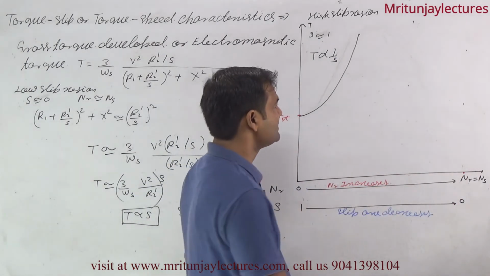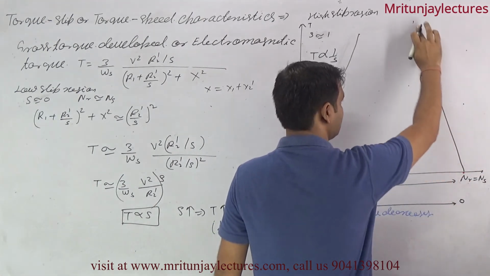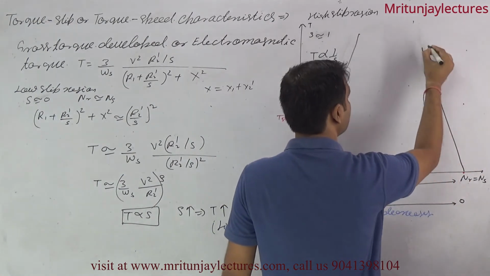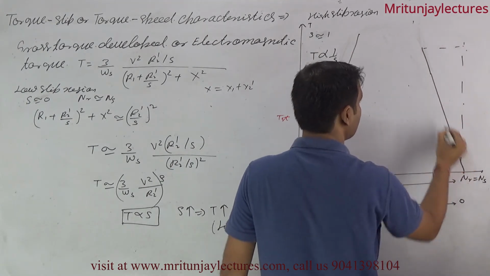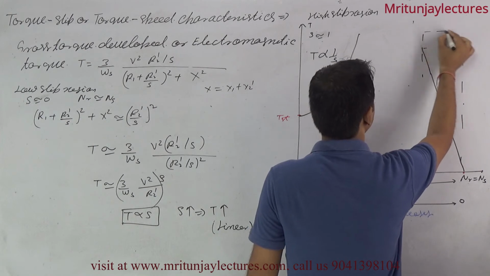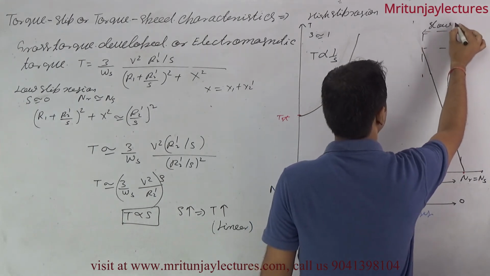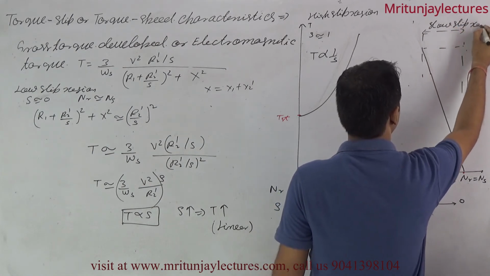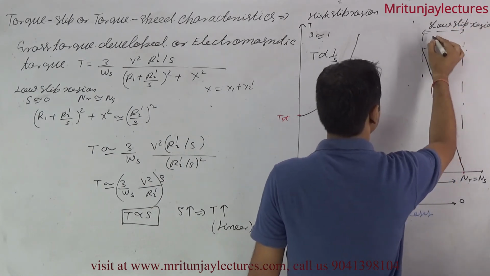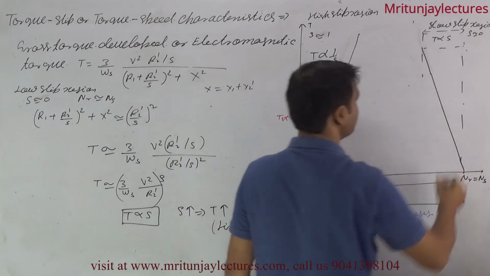It also increases. So it increases linearly like this, okay. In this duration, that is the low slip region, which means T is proportional to S, and S is closer to 0, okay.